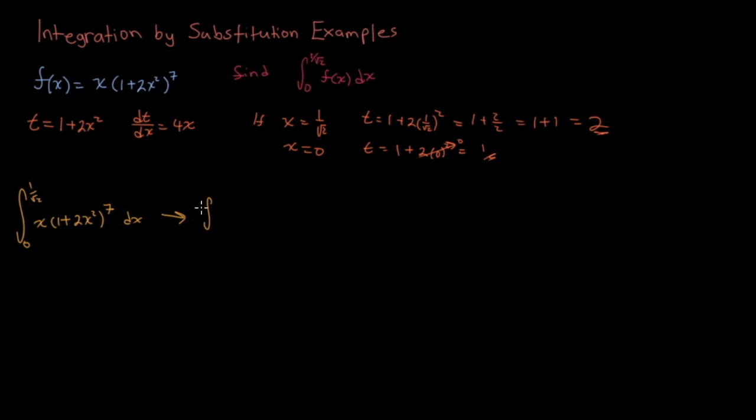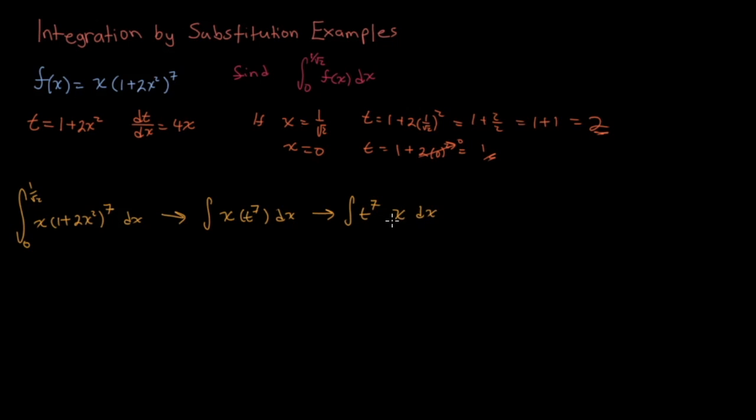Actually, I'm going to get rid of these intervals for now. We have x times t to the power 7 times dx, and we can rearrange it like this, t to the 7 times x dx.